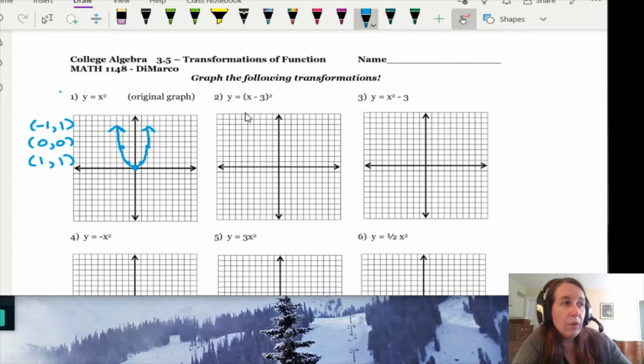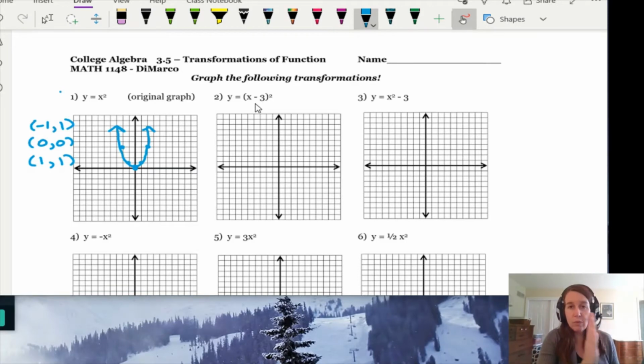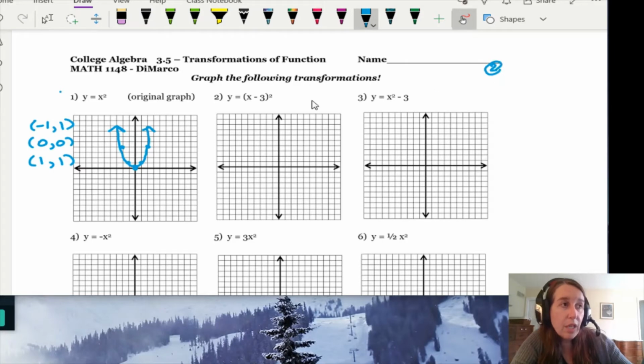All right, so when we do a transformation, the first transformations we're going to look at are shifts. So it's either going to go left or right, or it's going to go up or down, or it could do both, okay? So for this first one, number 2, I'm going to write the little chart over here. It's parentheses x minus 3 squared, okay? Because it's in the parentheses, this is going to be a horizontal transformation.